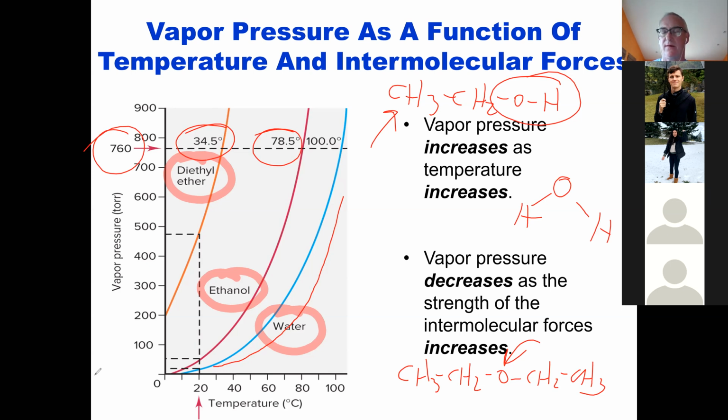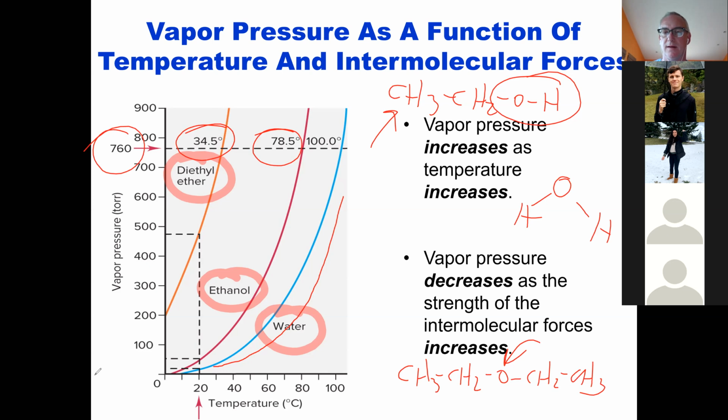What I mean by that? What does polar mean to you? If I said a molecule is polar, what does that mean? Come on, you guys have been crushing the questions tonight. Don't let me down now.